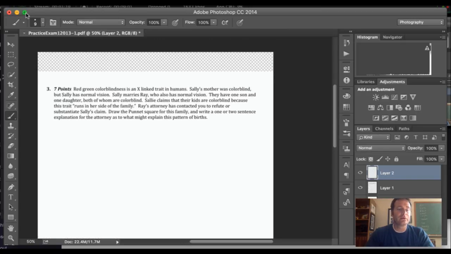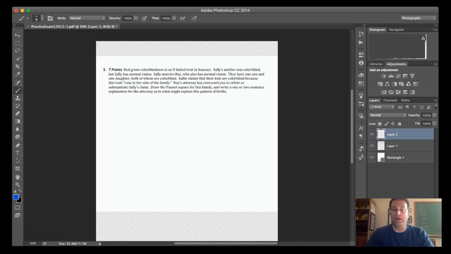I hope that by doing that I didn't just screw up your view of things, but at any rate, I'm going to work in two different colors here. Generally speaking, when I'm writing in blue, it'll be related to the male part of the problem, and red would be the female part of the problem. So let's have a look at what's going on.